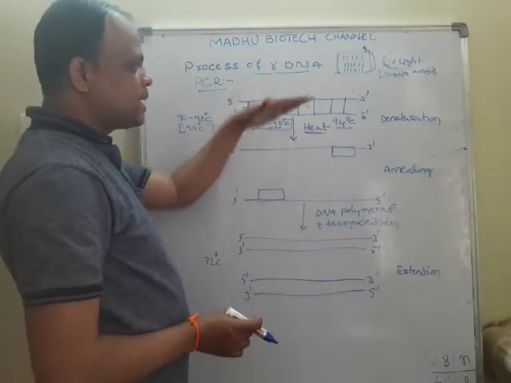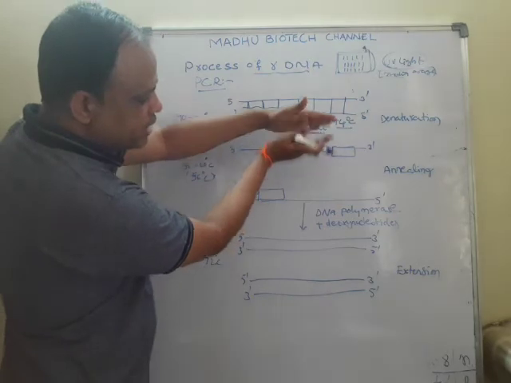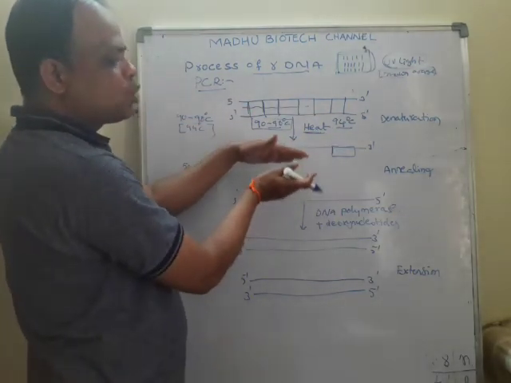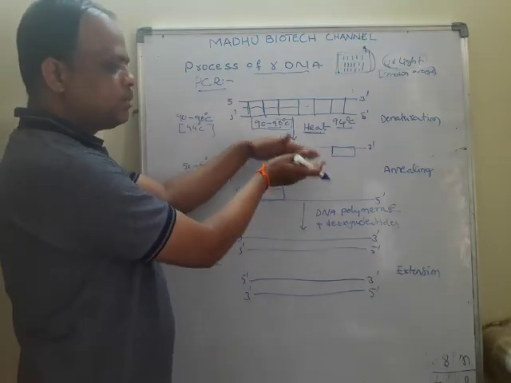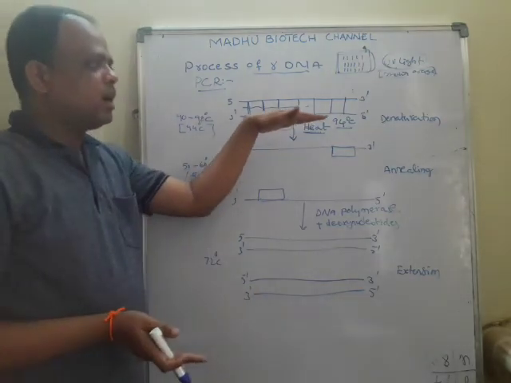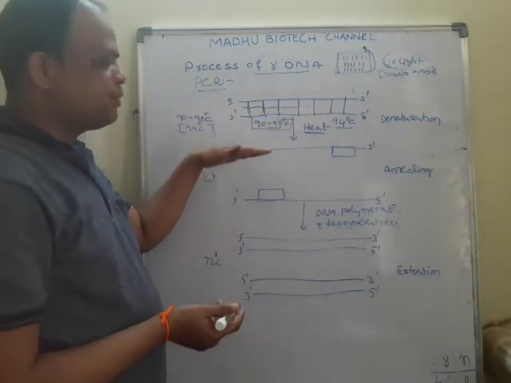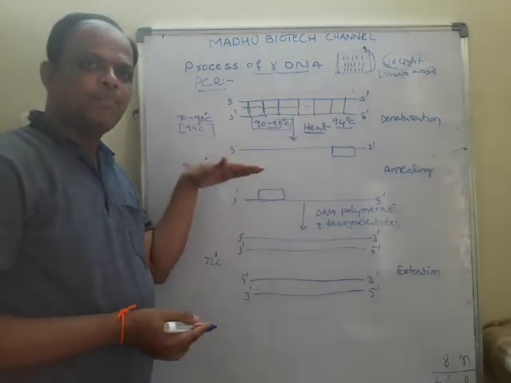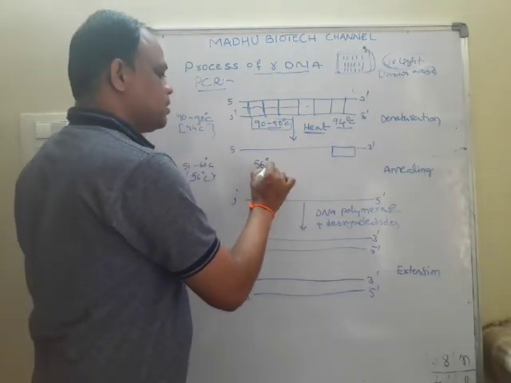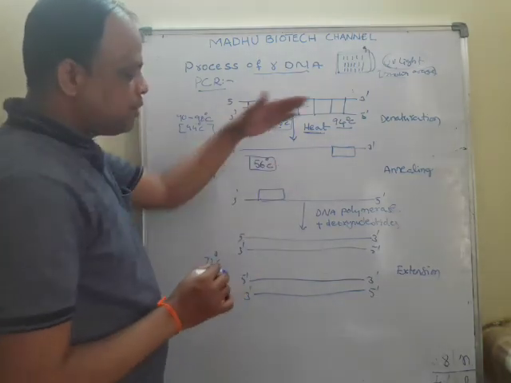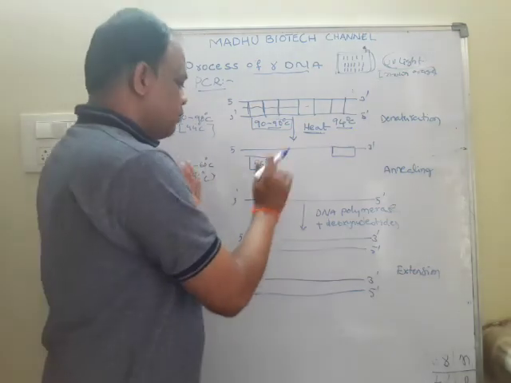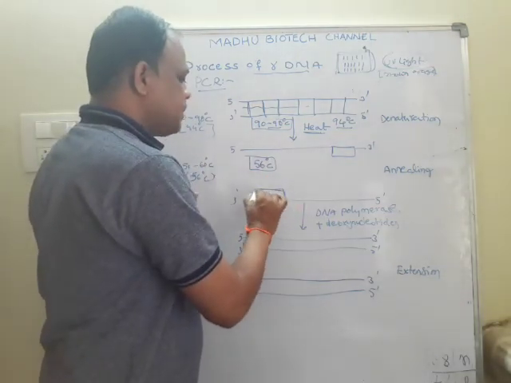At this point the double stranded DNA has denatured into single strands. Then the DNA is cooled, decreasing the temperature to 50 to 60 degrees centigrade. The common temperature is 56 degrees centigrade. At this time we add primers.